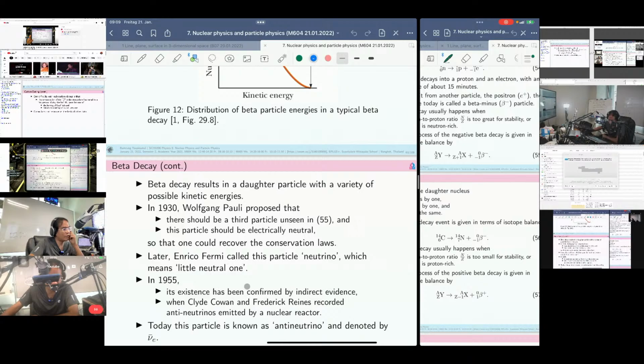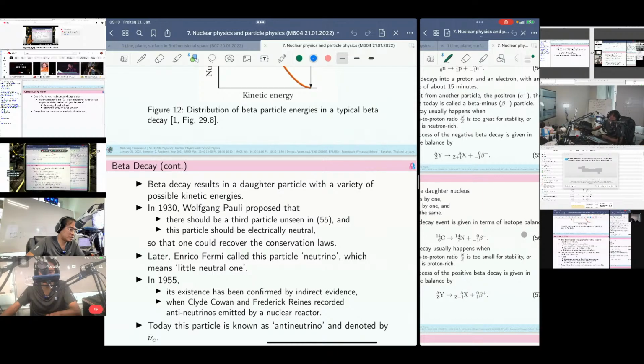It's called a nuclear reactor, a device to change the nuclei of big atoms. Those researchers are Clyde Cowan and Frederick Reines, who recorded the antineutrinos, which is the particle missing here in 55.